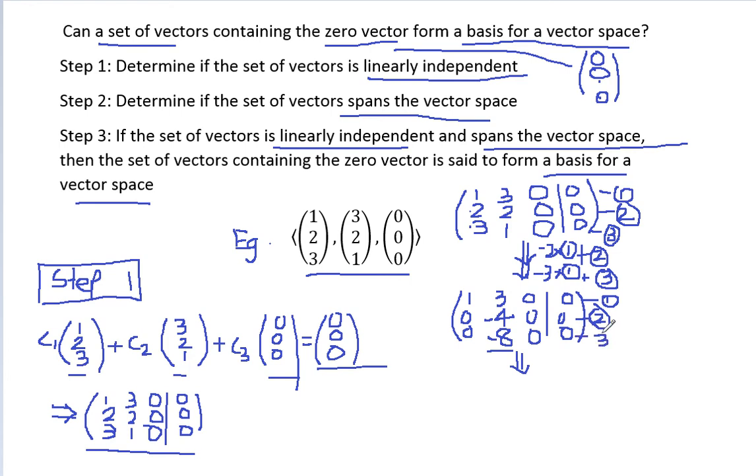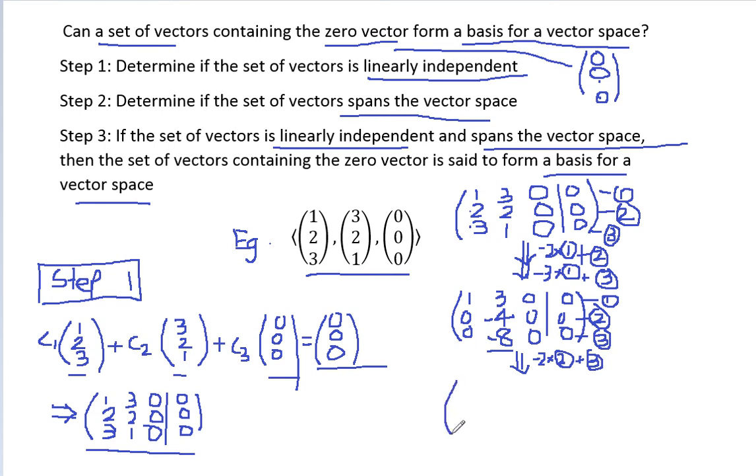So we do minus 2 of row 2 plus row 3 to eliminate this minus 8.